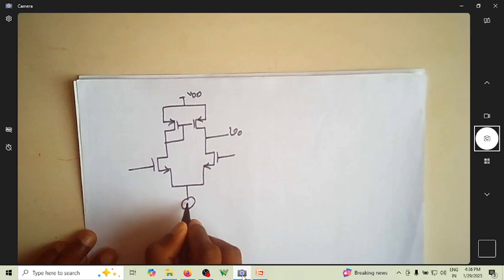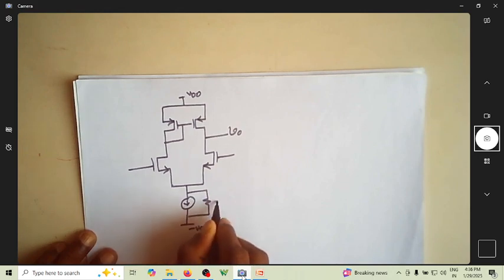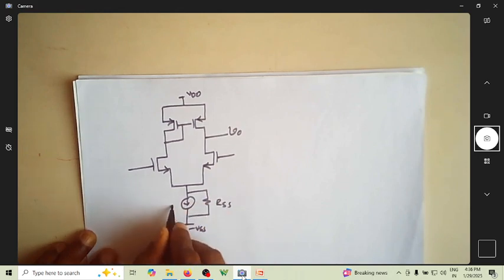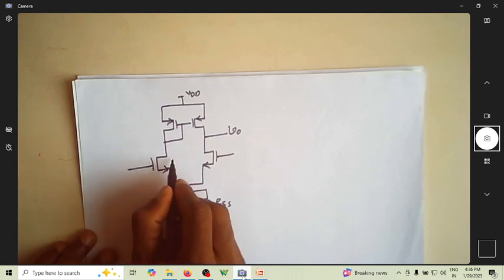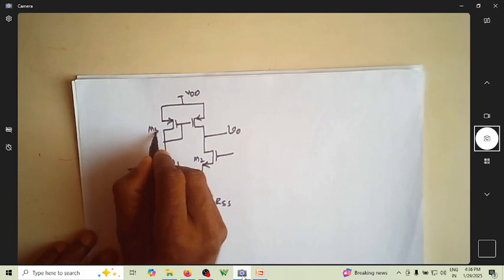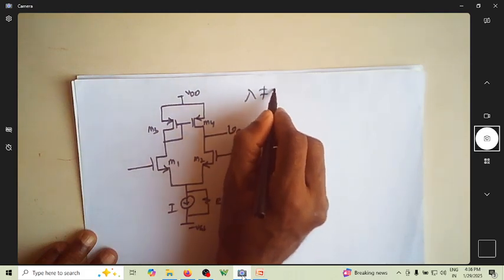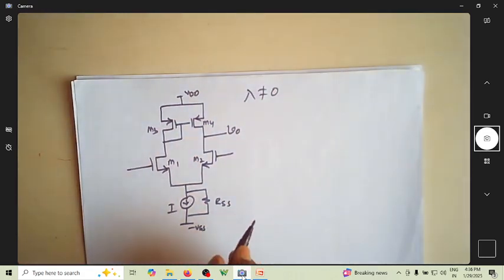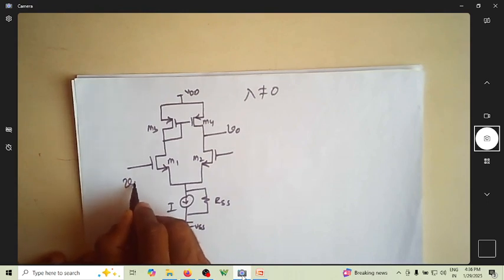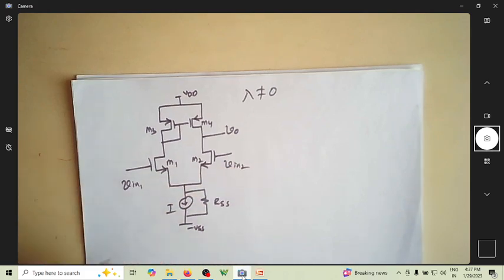Now of course you'll have a current source here. This is minus VSS. You can think of having a current source with a resistance of so and so. You can name these M1, M2, M3, M4. Of course in this active load analysis, lambda has to be non-zero. This is Vin1, this is Vin2.